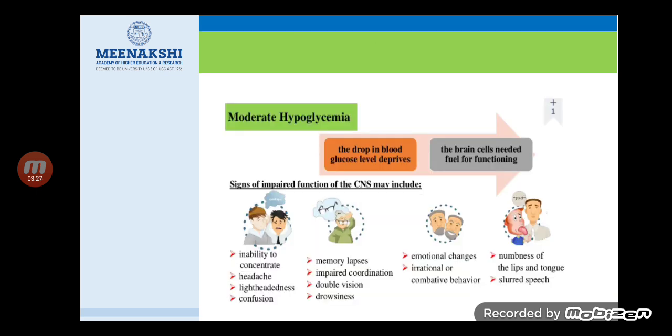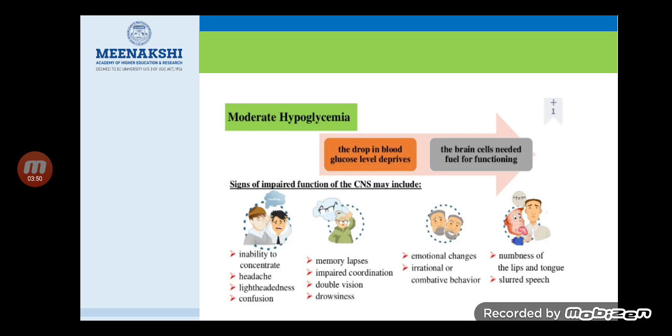Let us see the manifestations of moderate hypoglycemia. In case of moderate hypoglycemia, the blood glucose level will be lesser than 70 milligram per deciliter, and the need for glucose in the brain will be more.